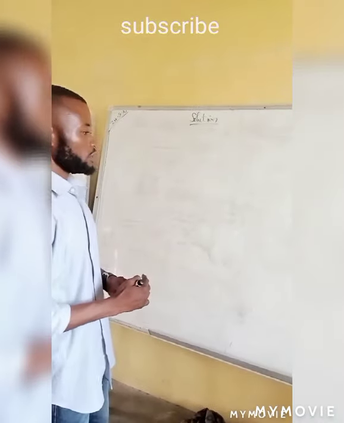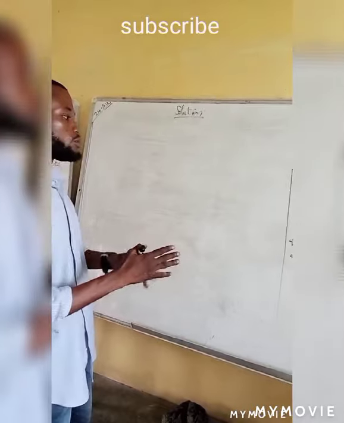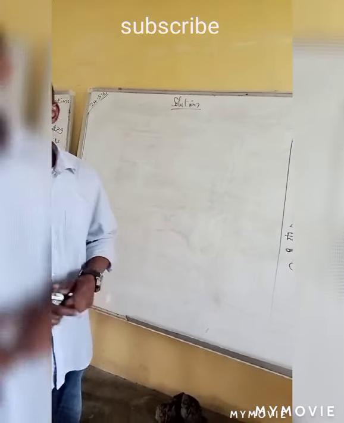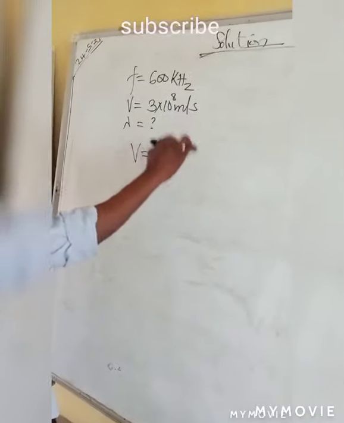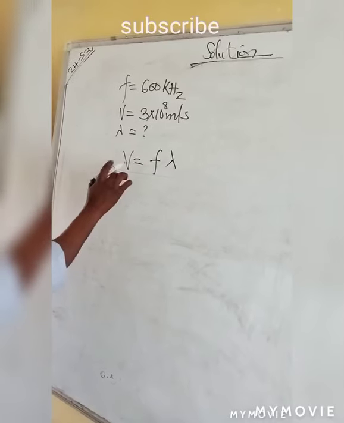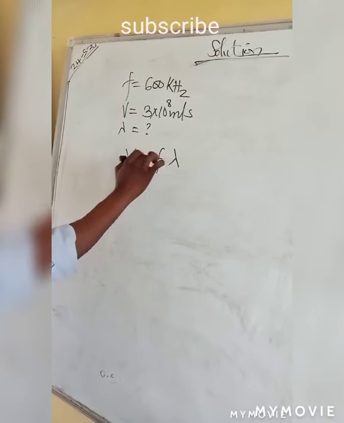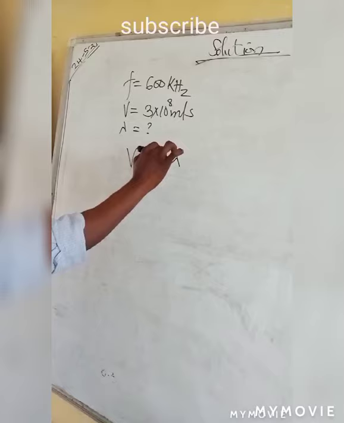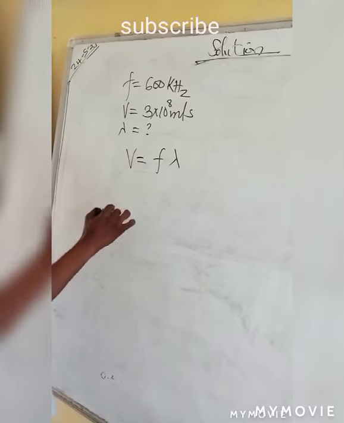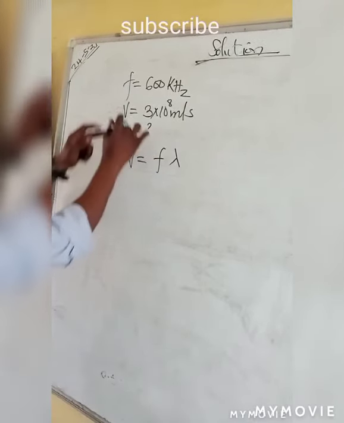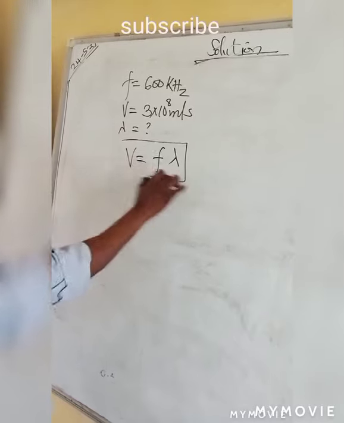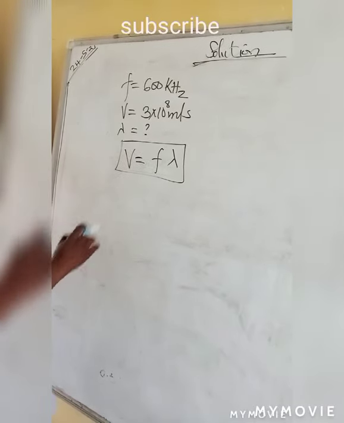So, the first thing you have to do here is to write out the given parameters. V equals F lambda, velocity equals frequency times wavelength. We should put the whole data given there into the formula.